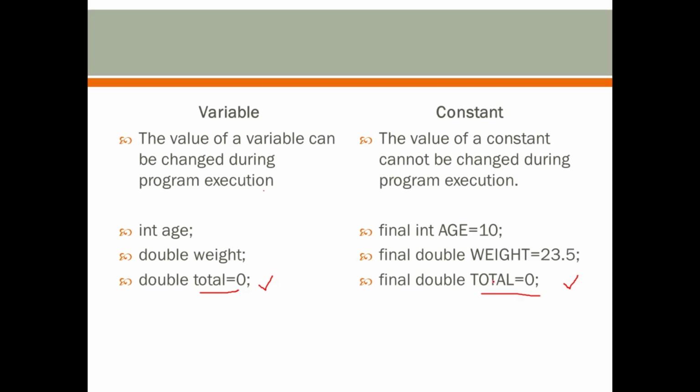But for the constant, if before execution you set total equal to 0, at the end of the program total also keeps the value 0. That is the difference between variable and constant.